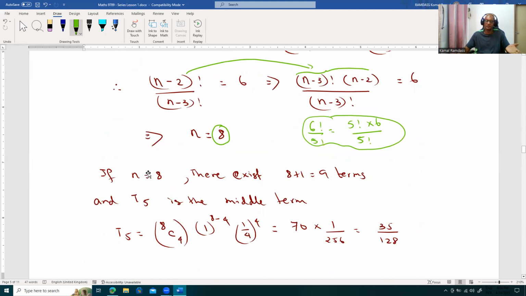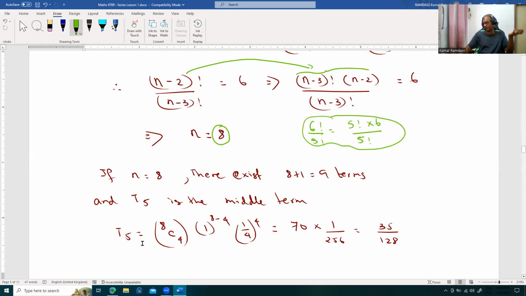If n equals 8, the middle term is the fifth term, because there are n plus 1, so 9 terms: 4 on one side, 4 on the other side, and the fifth in the middle. So T5 is the middle term.